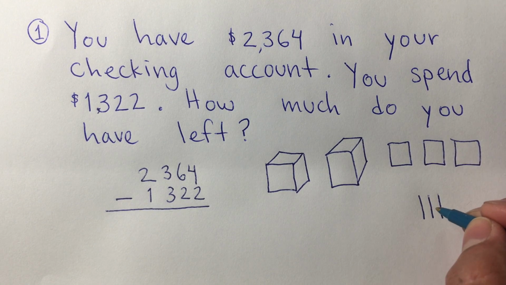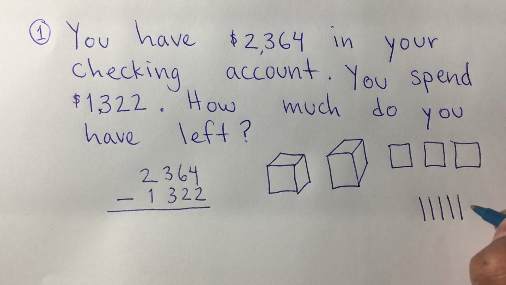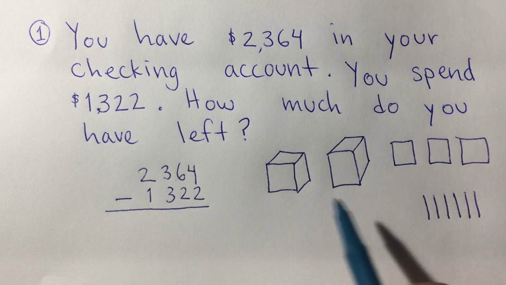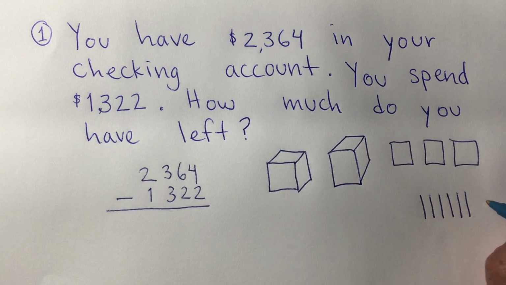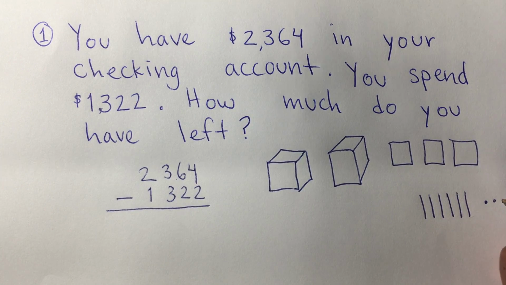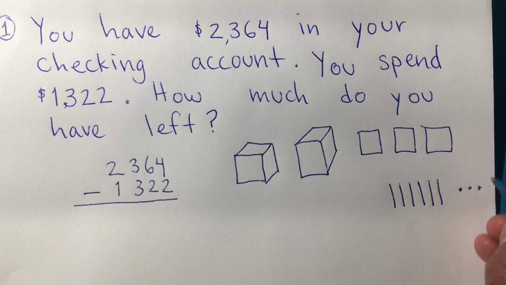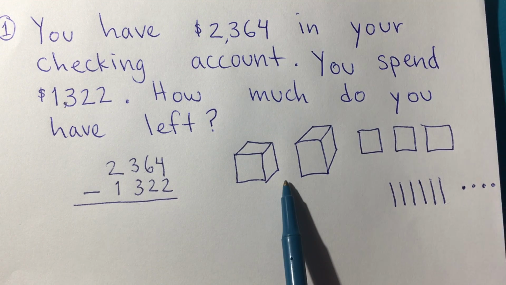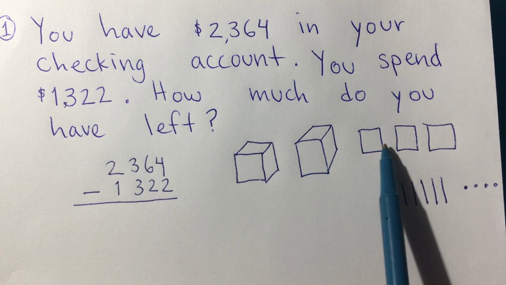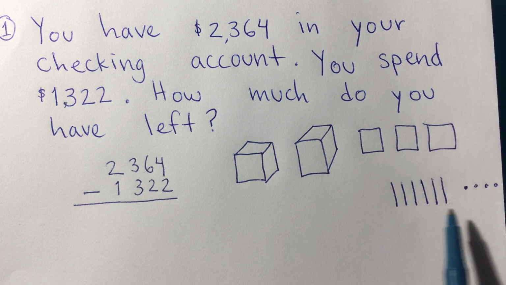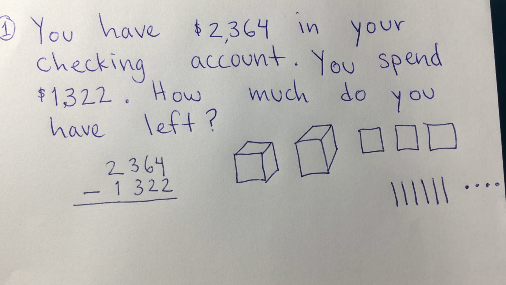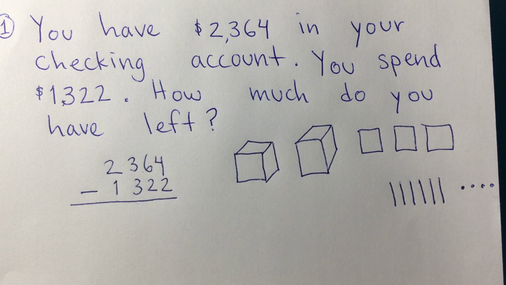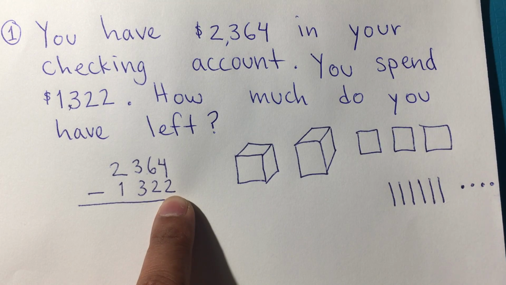Each one is a 10, so 10, 20, 30, 40, 50, 60. That's 60 right there. And the 4 are going to be represented by 4 dots. So that's what you start with in the bank, 2,364.